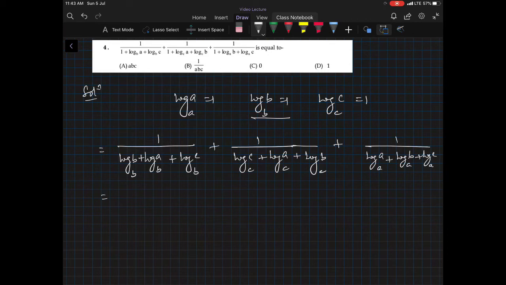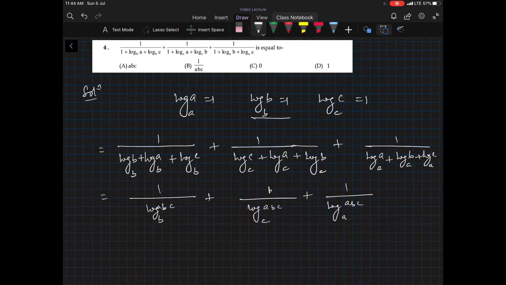So since the bases are same, you can directly write log abc base b plus, sorry, this is 1 upon log abc base c plus 1 upon log abc base a.